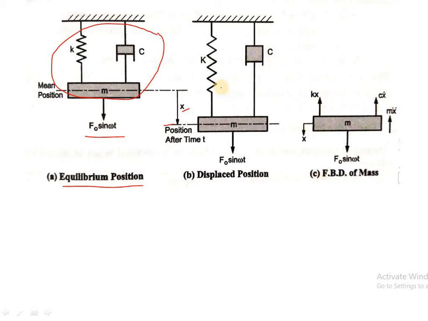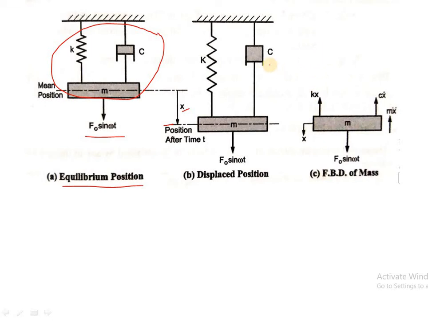Now if we have to draw the FBD, we have to consider the force due to spring, force due to damper, excitation force, and also the inertia force acting on this mass. The spring is elastic in nature, so it will generate some restoring force on this mass m, opposite to the motion. Your motion is in downward direction, so kx will be in upward direction.